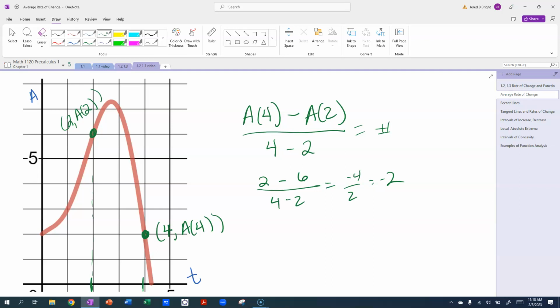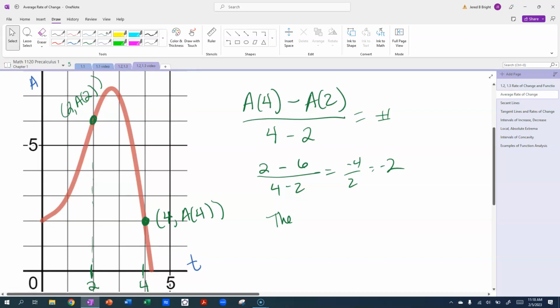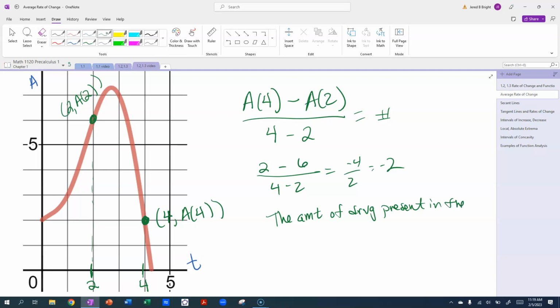The amount of drug present in the body changes by negative 2, and I have to use the units here.